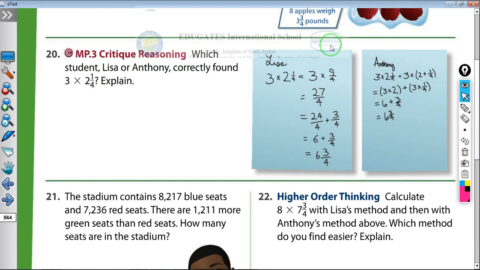This is Lisa and this is Anthony. 3 times 2 and 1/4, the 3 copied the same here, see? 2 and 1/4, he multiplied. 2 times 4 is 8. 8 plus 1 is 9 over 4. And then he multiplied as normal. This is the Lisa way. Over 1. 3 times 9 is 27. And 1 times 4 is 4. How to divide by long division? He did long division, or he did it his own way to get this answer.